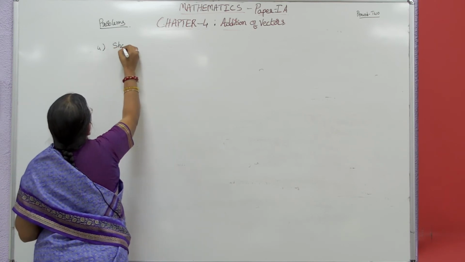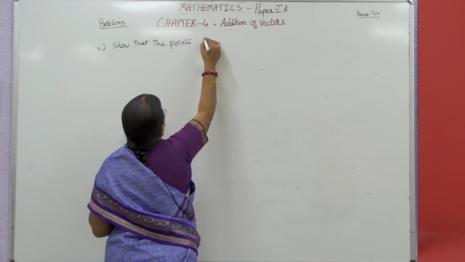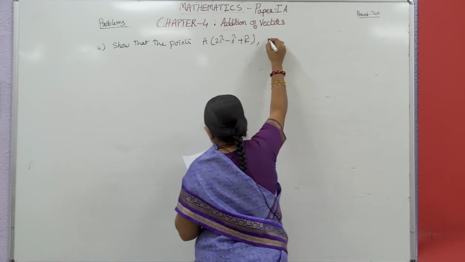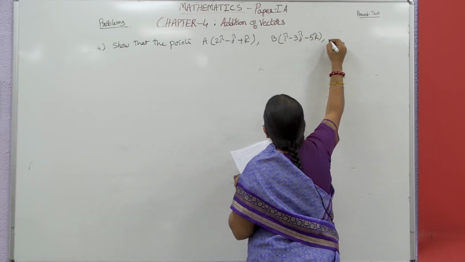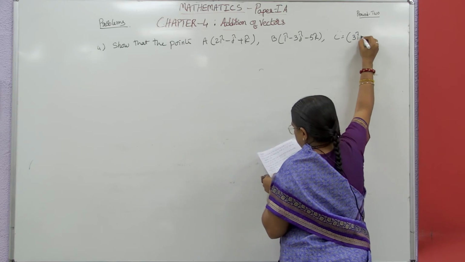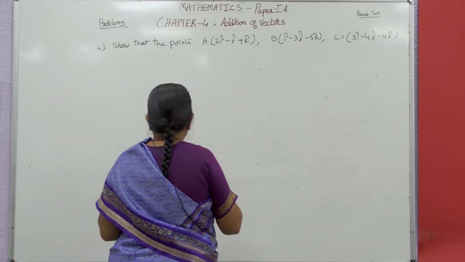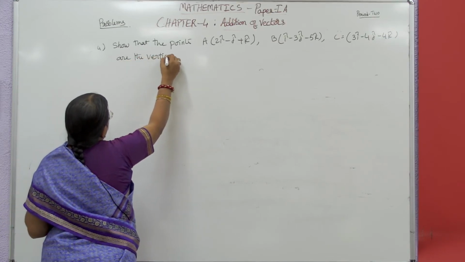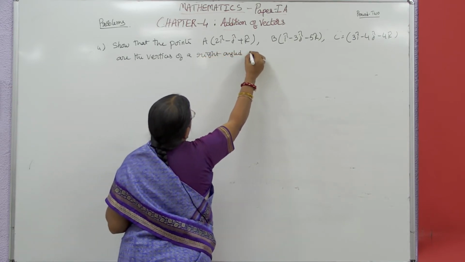Show that the points A, 2i minus j plus k, and B, i minus 3j minus 5k, and C is equal to 3i minus 4j minus 4k, are the vertices of a right angled triangle.